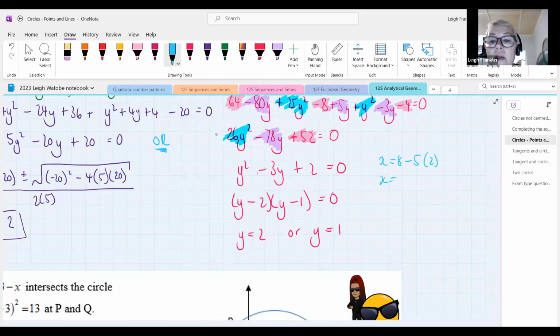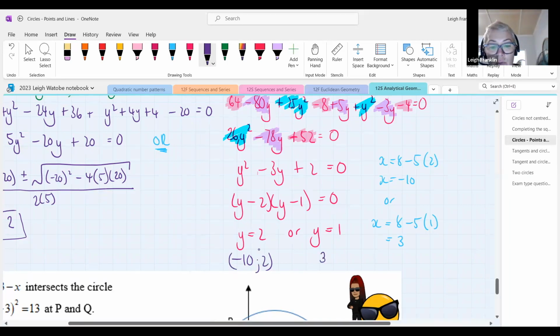So x would be equal to negative 10. Or the other solution, x equals 8 minus 5 times 1. So that would be equal to 3. So we've got 2 points of intersection. The one is negative 10 and 2. The other one is 3 and 1.